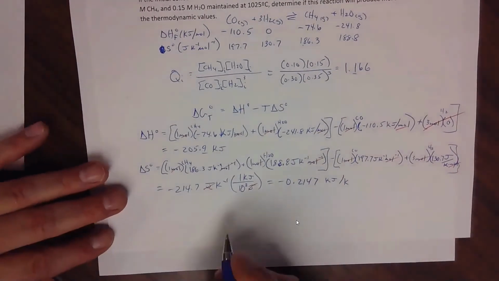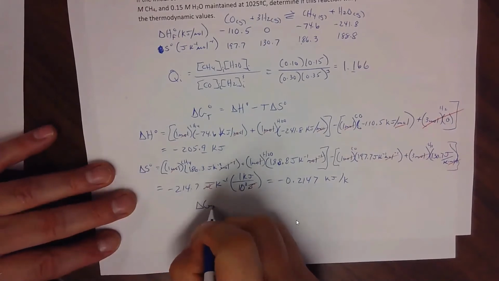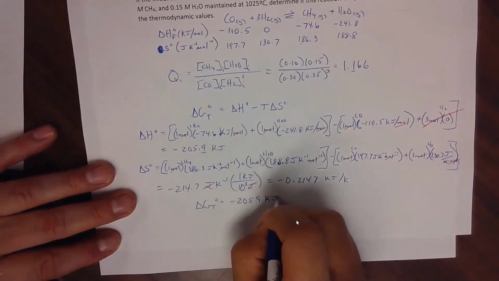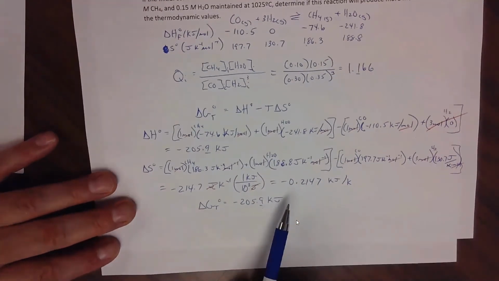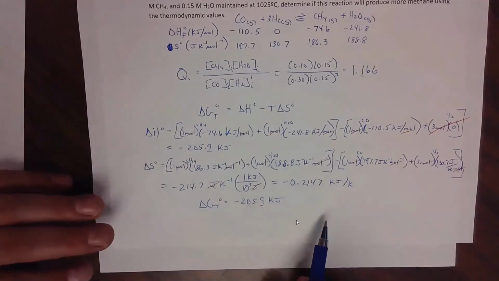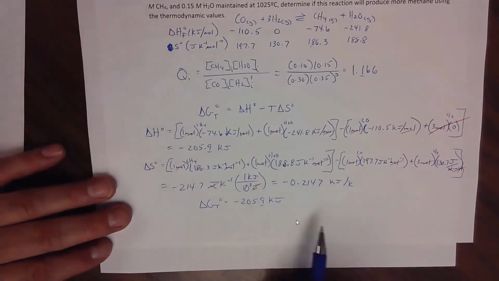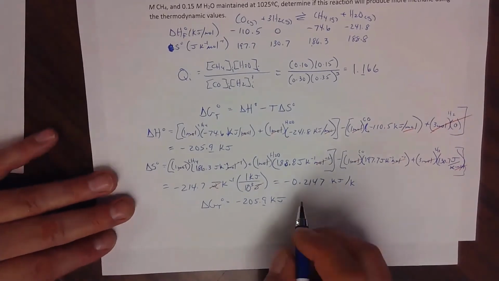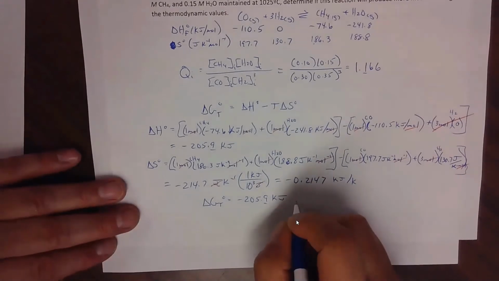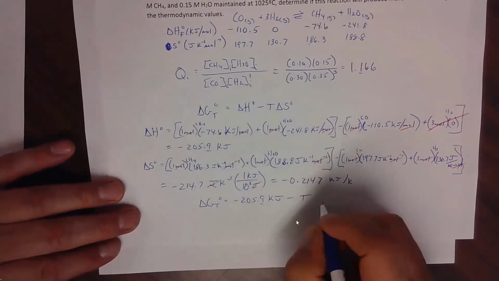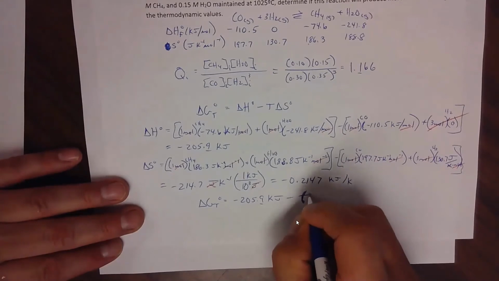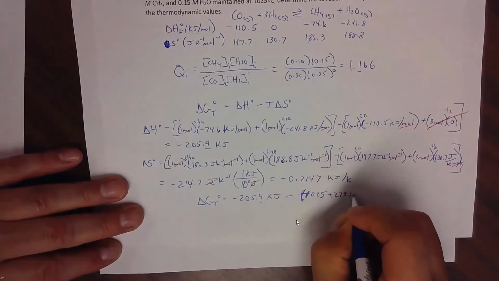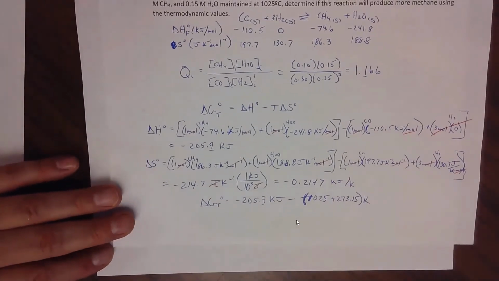Now I can calculate del G of T, which is going to be negative 205.9 kilojoules. And I'll be honest, in this case, we probably should have converted both of these to joules. I'm actually just adding an extra step by doing that. If we think ahead, we know that we're going to need joules because of that R value. Okay, so then we're going to subtract from that our T value, which is 1,025 degrees Celsius, but we got to add 273.15 to that to put it in Kelvin.